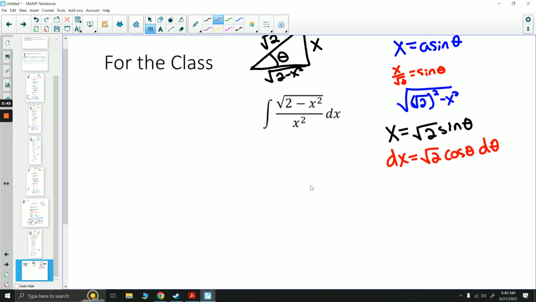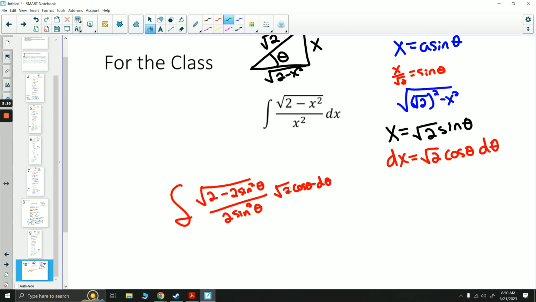All right, now let's start replacing everything. We have the integral of the square root of 2 minus x squared. Our x is the square root of 2 sine theta, so x squared would be 2 sine squared theta on the bottom. Our dx we're going to rewrite as the square root of 2 cosine theta d theta.